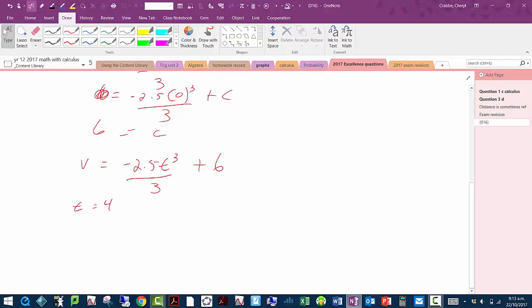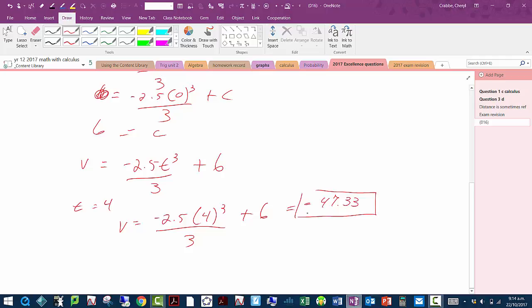So when time is 4, our velocity is going to be negative 2.5 times 4 cubed over 3 plus 6. Work that out on your calculator and you get negative 47.33.